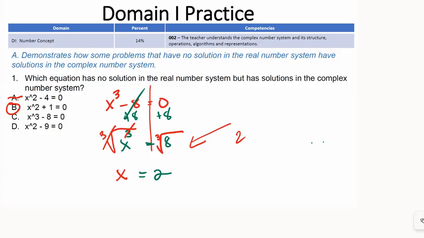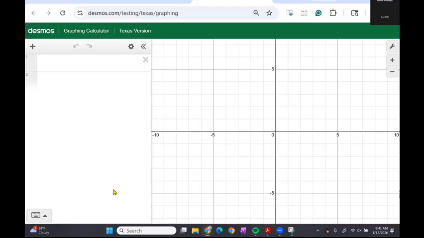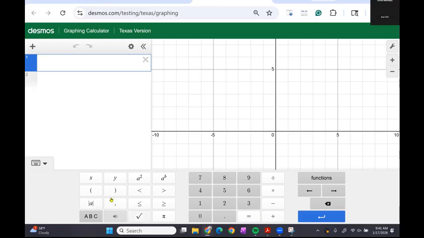Can you do it for me in the calculator? I'll show it to you here on my Desmos. I cannot find the cube root directly, but we can do it this way: raise to the exponent 1/3, 1 divided by 3.